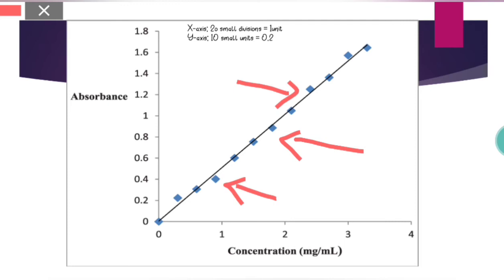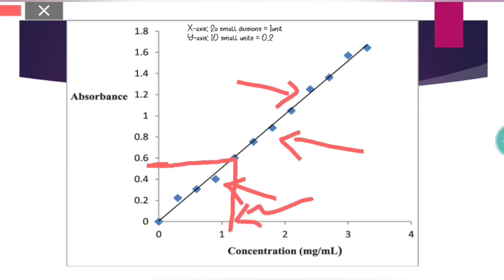Suppose the absorbance reading of the unknown is here. We will draw a line from the y-axis across to the standard curve, and when it touches the curve, we will drop a perpendicular line to the x-axis. This value is the volume of the unknown that you are taking.